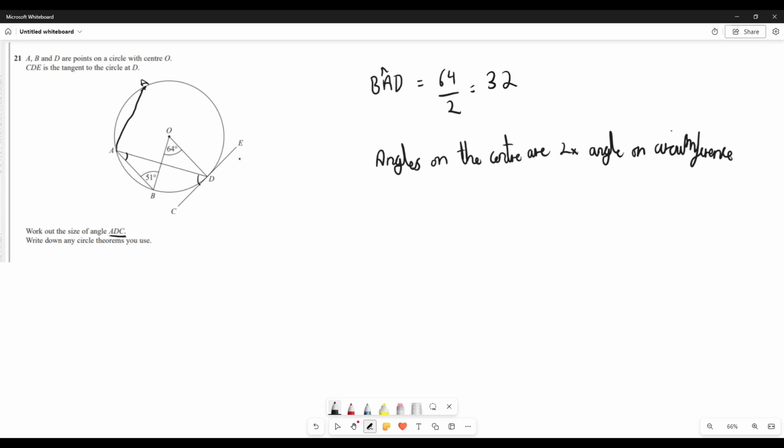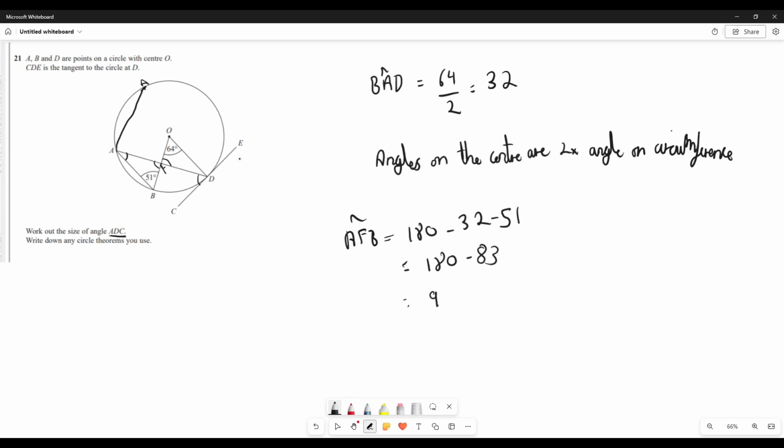Now we can find this angle here because we need to find this angle. It doesn't have a letter, so we can put a letter ourselves. We can name this F, and we can say AFB is equal to 180 minus 32 minus 51, which is the same as 180 minus 83.